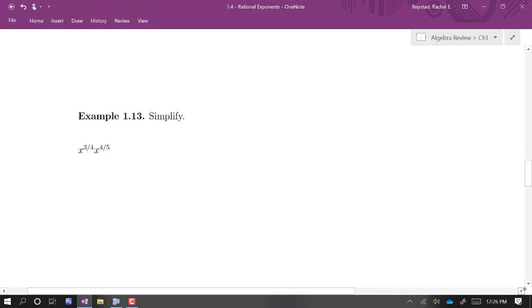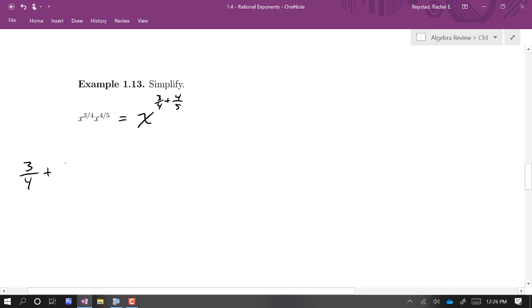Let's do another one. X to the 3/4 times x to the 4/5. So we've got a product, and the bases here are the same, so that means that I'm going to add the exponents. So 3/4 plus 4/5. Got to get a common denominator.